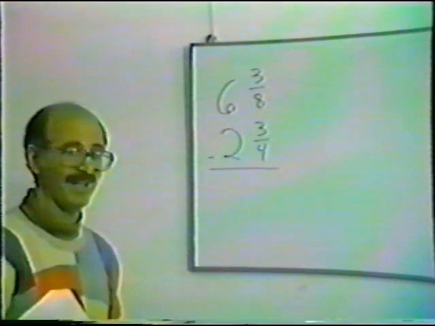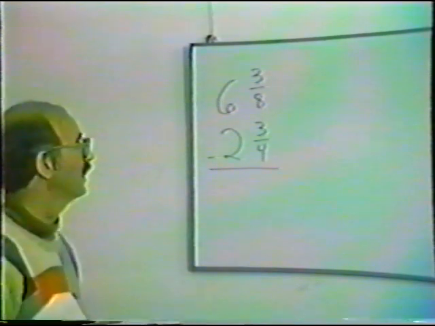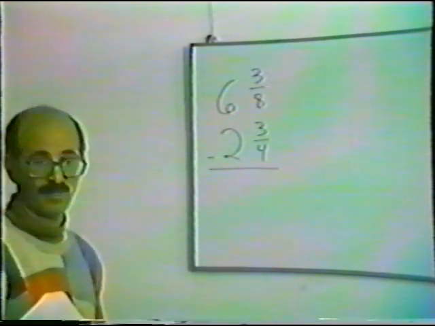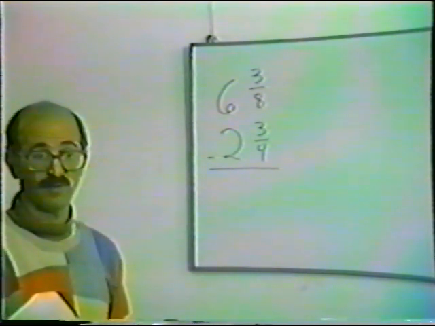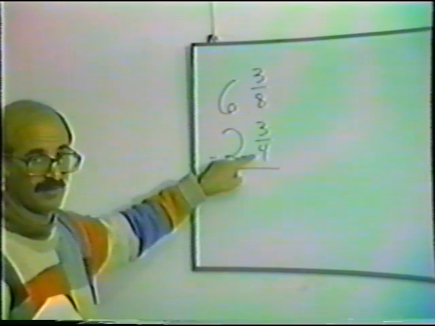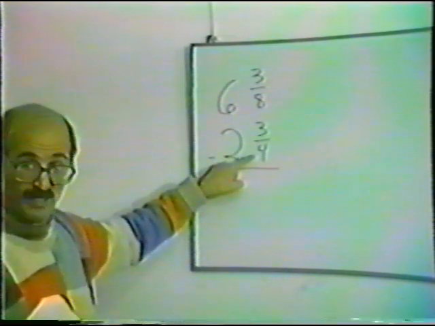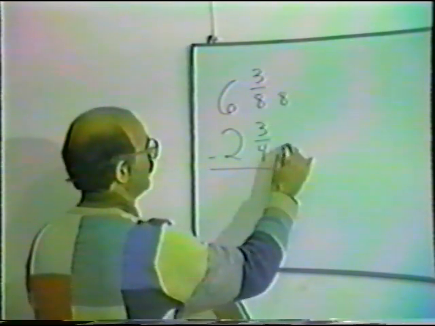First of all, like or unlike? Unlike. Therefore, we have to make them like. Which is the largest bottom number? 8. Is 8 good for 4? Yes. Isn't that nice? Okay. 8 is our new bottom number.